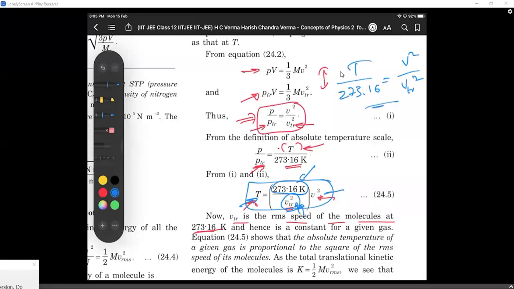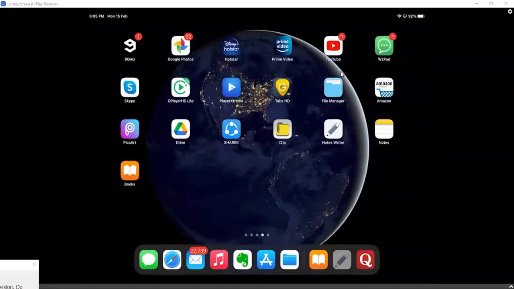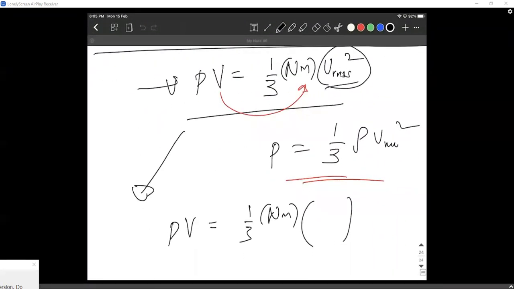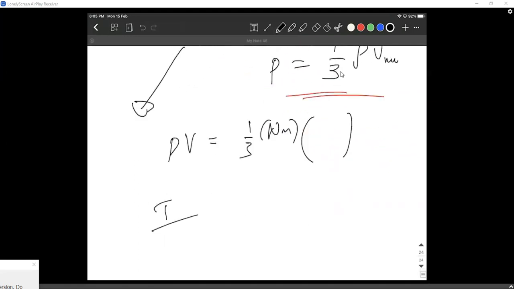So this is the relation that we use, and since these values, 273.16 and this value, are standard, those are the values that we are going to use again. T by 273.16 equals VRMS square by VTR square.